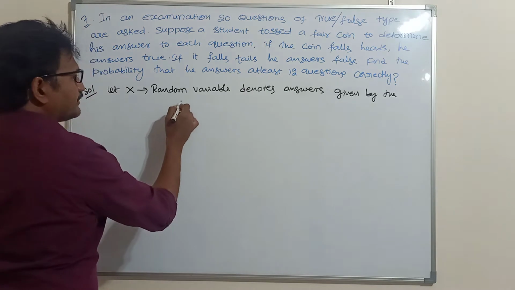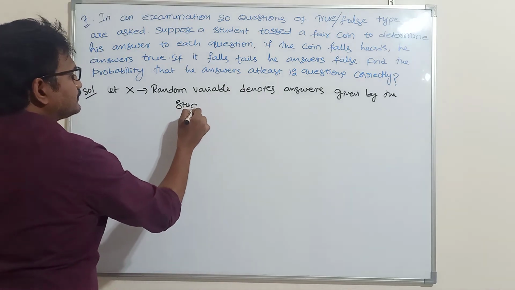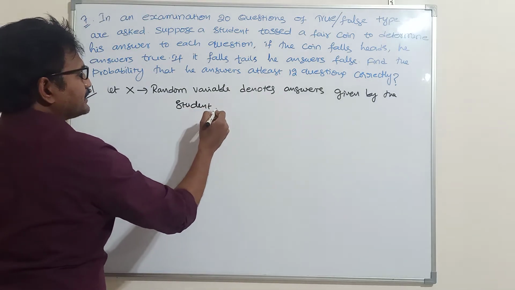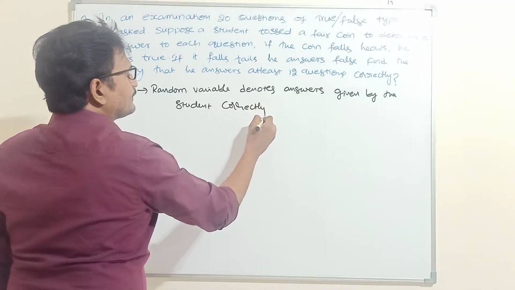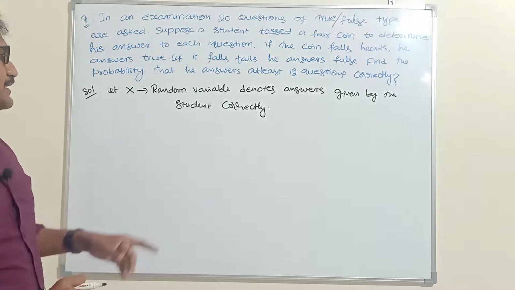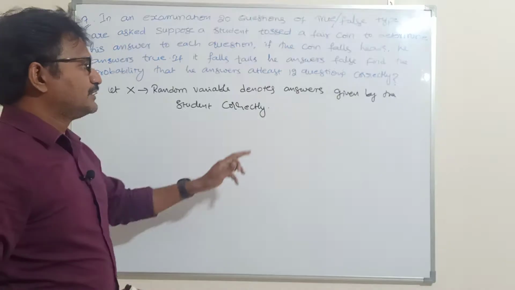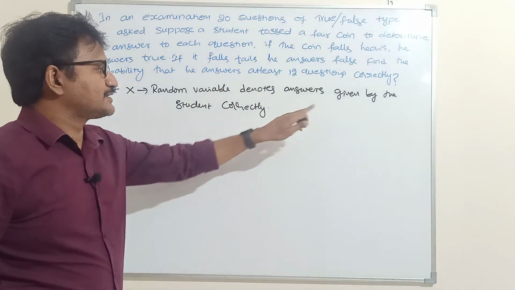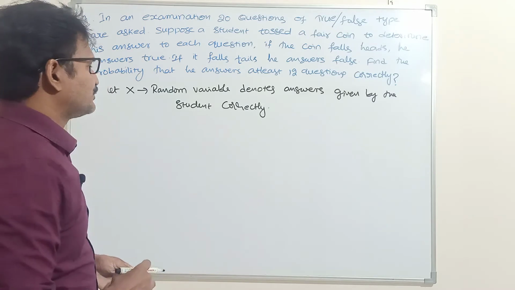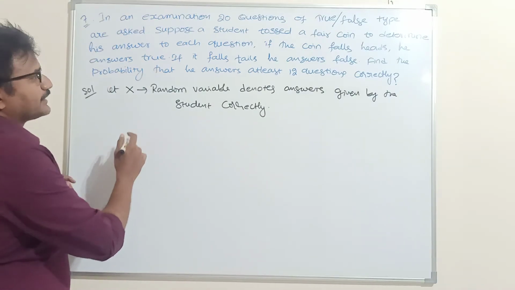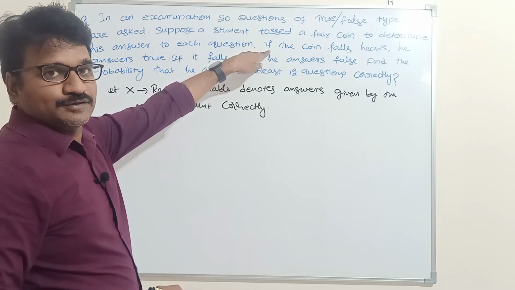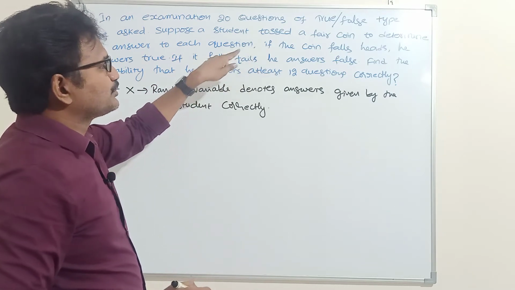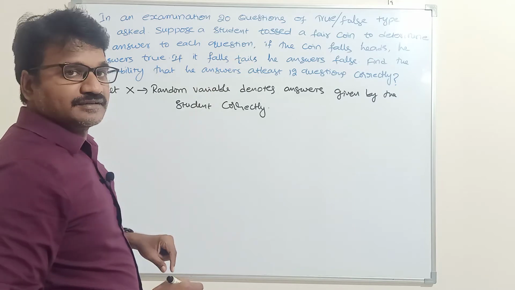Next, if the coin shows head, he will select option true. If the coin shows tails, he will select option false.